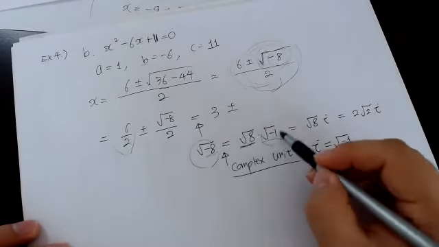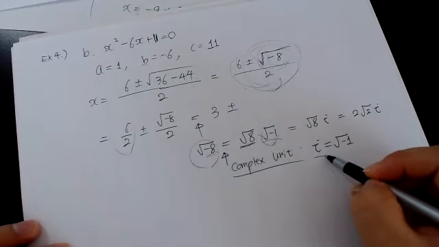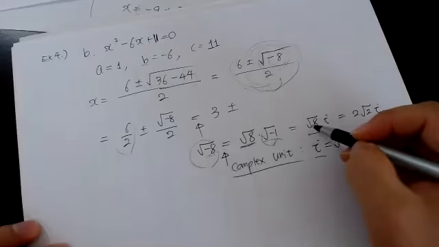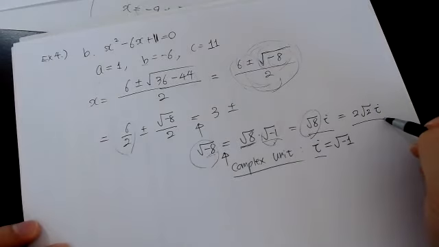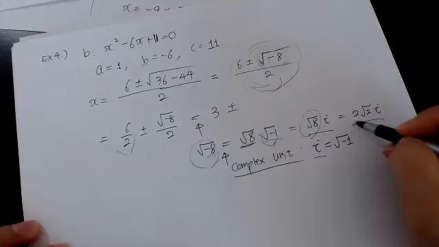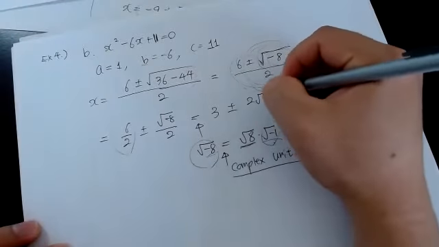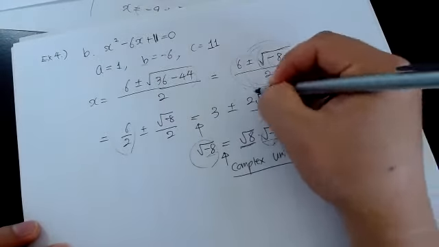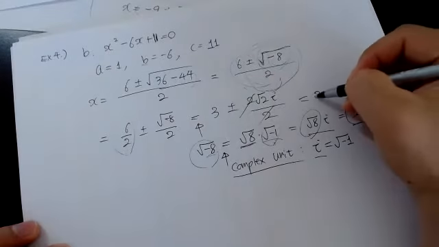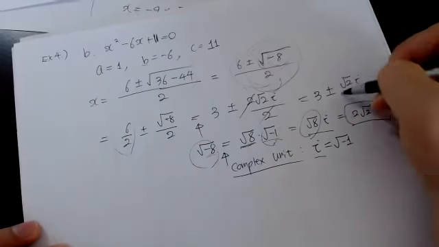The square root of -1 is the definition of the complex unit i, and simplifying the square root of 8 we got 2 times the square root of 2. Now I'm going to plug this in here. So we get 2 times the square root of 2, i over 2. The 2s cancel out, so we got 3 plus or minus the square root of 2 times i.